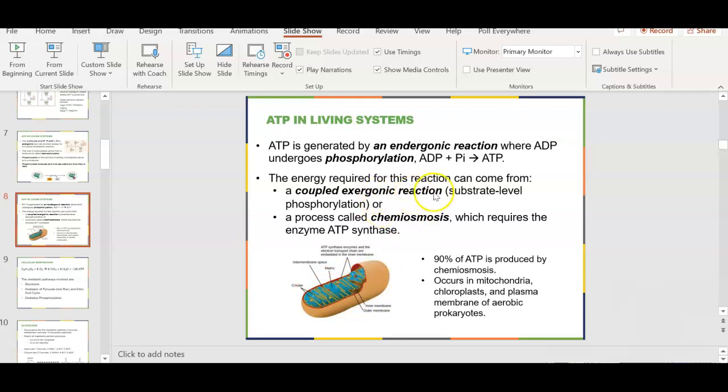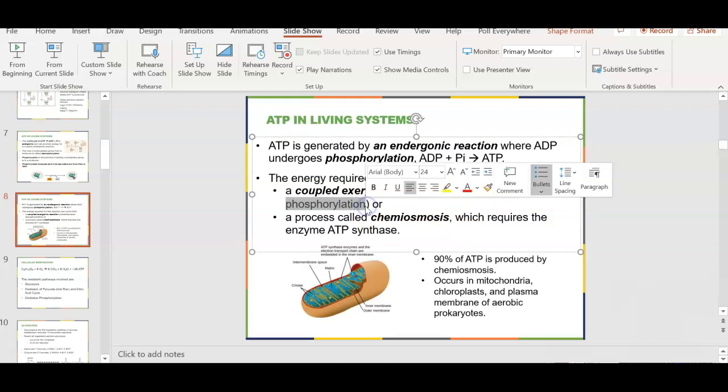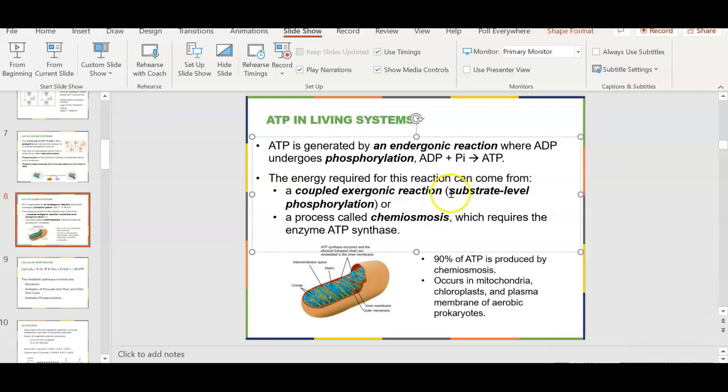Substrate level phosphorylation I'm going to make bold and italicize, because it's really an important concept, so it shouldn't be just in brackets. That's an important one, or the other type, which is chemiosmosis. So let's go to the next thing.